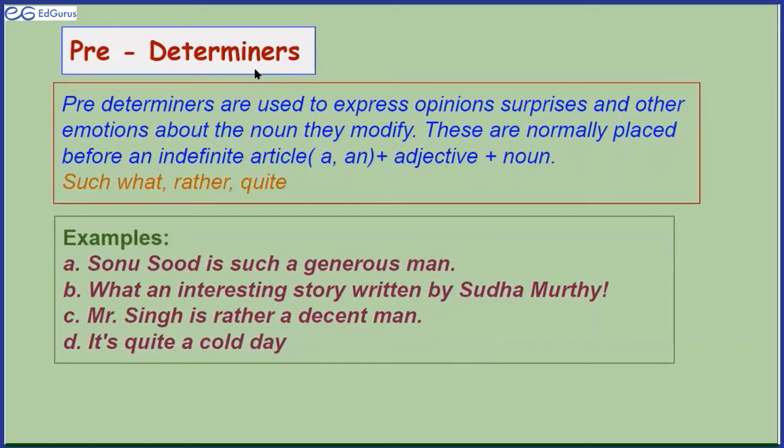Are you familiar with the name? Yes, ma'am. A Bollywood actor, but now he is into social service. Okay, Sonu Sood is such a generous man. Such is a predeterminer. See the function of this such. Such has been used before an article, that is a, adjective generous, and noun man. Clear?